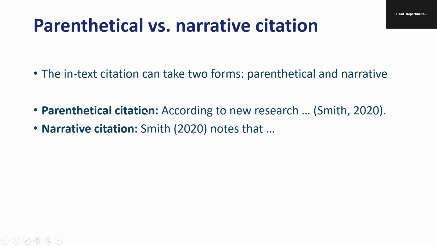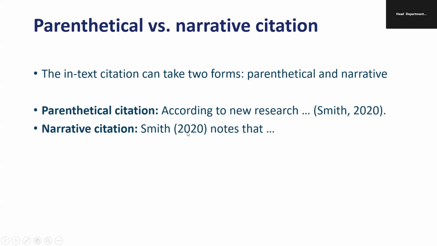In parenthetical citations, we emphasize the statement. According to new research, then we tell about something. Then we provide details of the author within brackets, Smith 2020, like that. Then in narrative citations, if we want to emphasize the author, we take the author's name first.